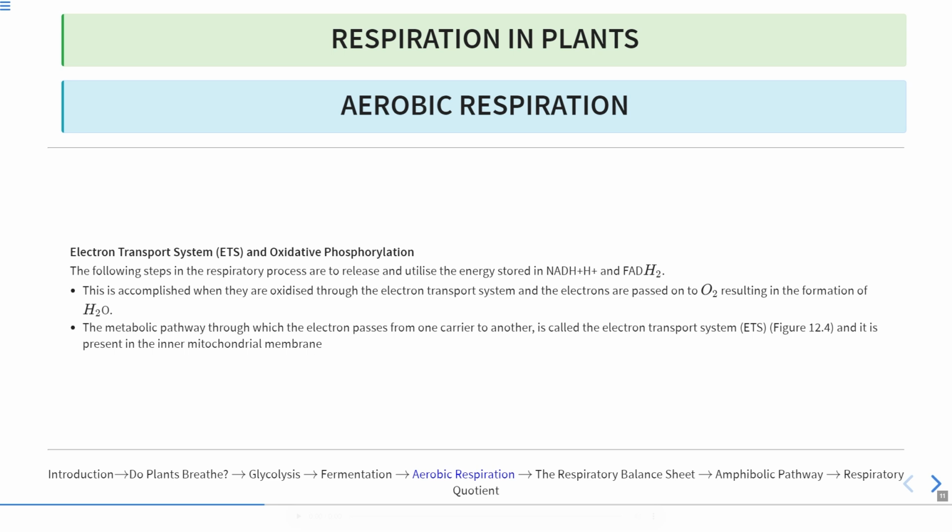Very important. This is one of the metabolic pathways in which electrons pass from one carrier protein to another, and it is present in the inner mitochondrial membrane. So it is a part of the inner mitochondrial membrane.